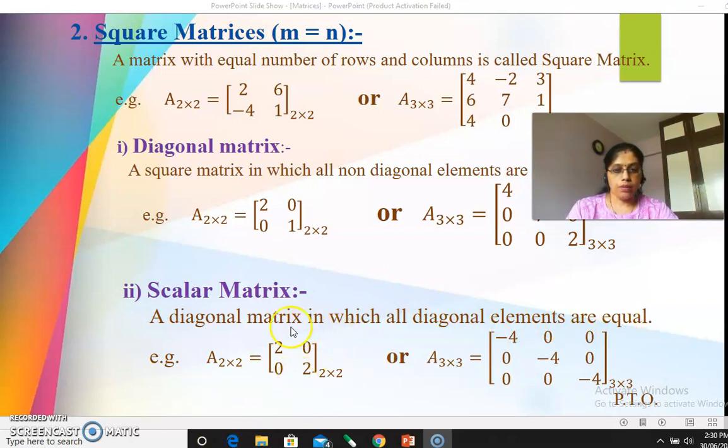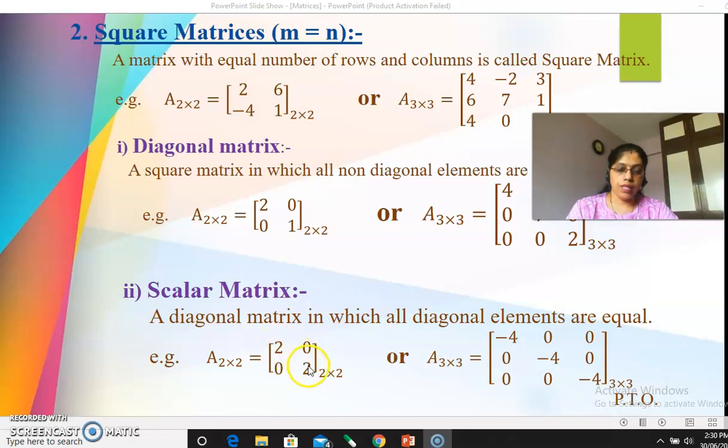So let us consider a diagonal matrix first of all. What is meant by diagonal matrix? Non-diagonal elements should be 0 in a square matrix. So these two are first of all diagonal matrices. Other than that, what is the additional condition? All diagonal elements equal. So this is that diagonal.